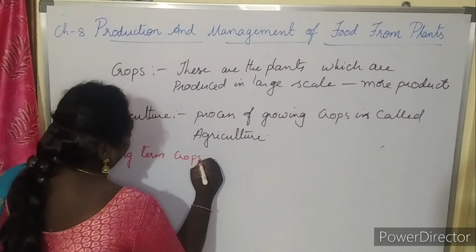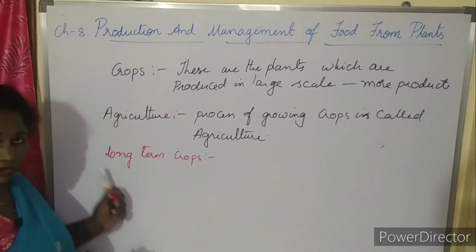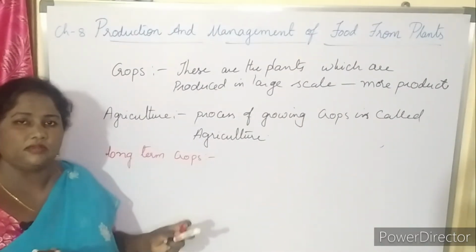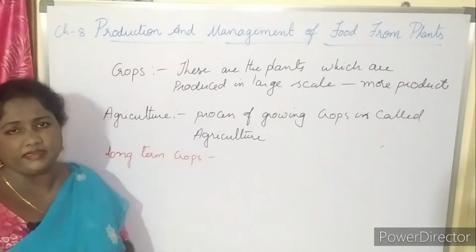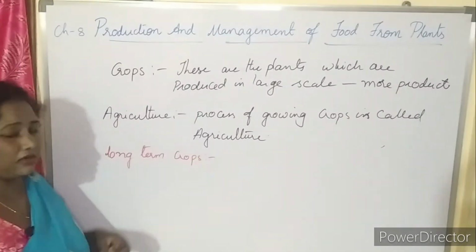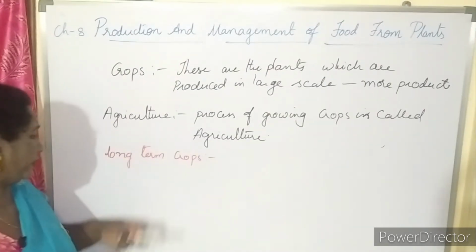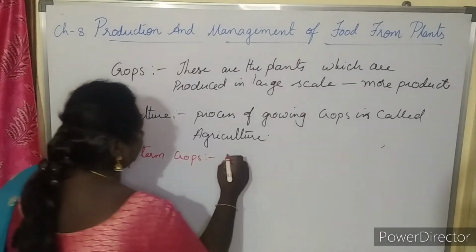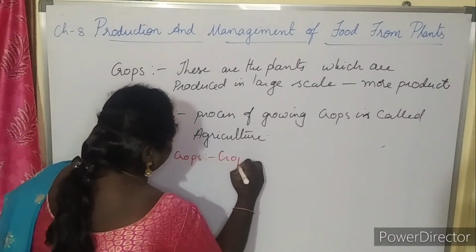What are long term crops? The crops that are grown for a long period of time, a minimum of 180 days.